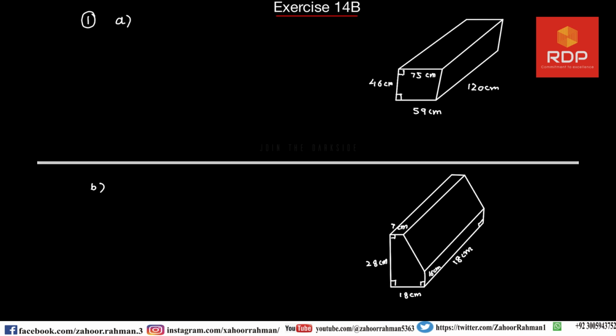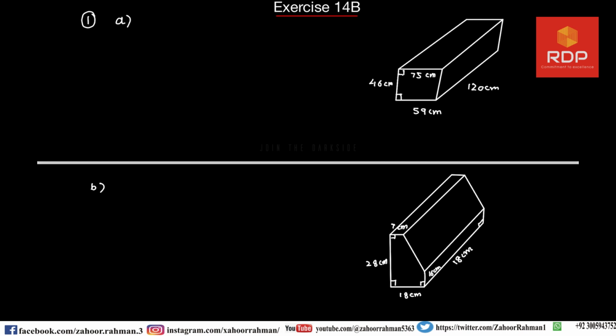As in this first case, we are given a prism. Why is it called a prism? If we cut slices of it like this, one slice, the other slice, and similarly many slices, all these slices will be of the same shape and the dimensions will be the same.